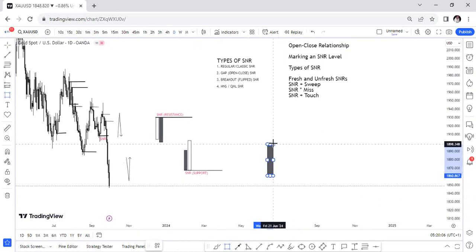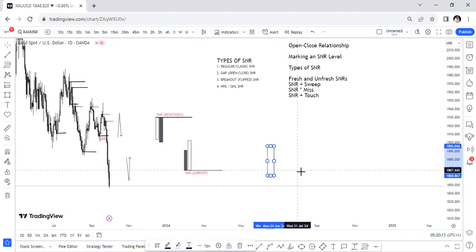Then we have the other type as the gap level. Price is moving higher, that's a bullish candle.